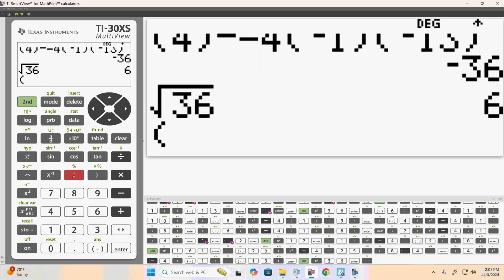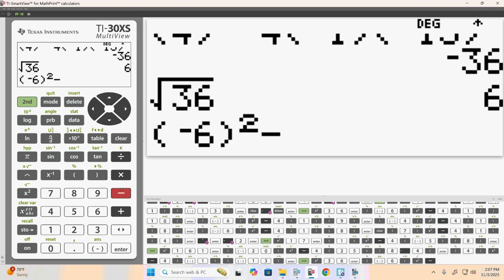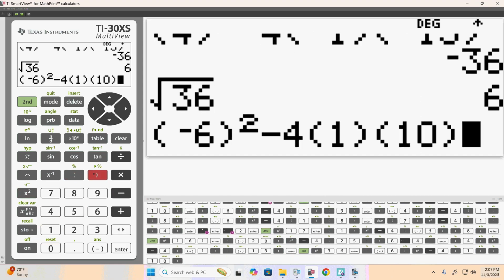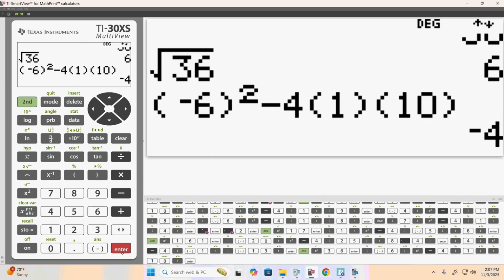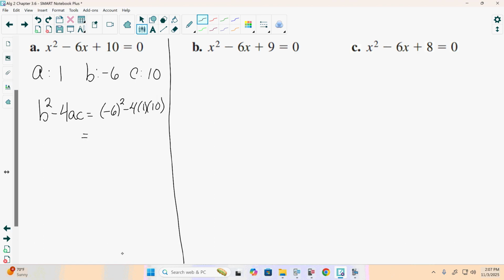So we can grab the calculator and say negative 6 squared minus 4 times 1 times 10. And it tells us that this reduces to negative 4.